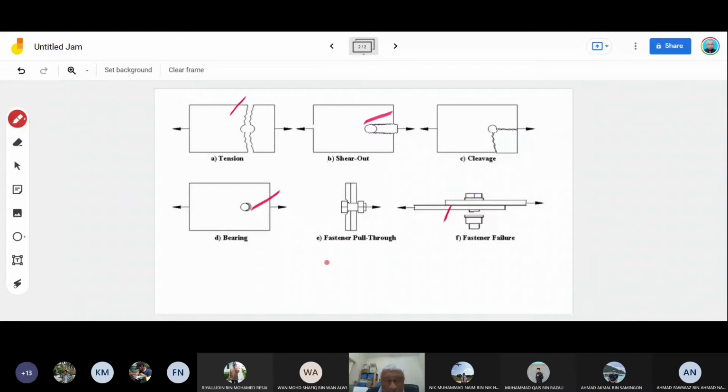Also, there are rivet bendings and fastener bendings. We don't go to that because the fastener is actually designed to take up the shear. If you have a bending issue, then you already have a problem with the thickness of the plate that you design. If you have a very thick doubler, there is already provision for you to reduce the thickness by installing a stainless steel doubler, AISI 301.